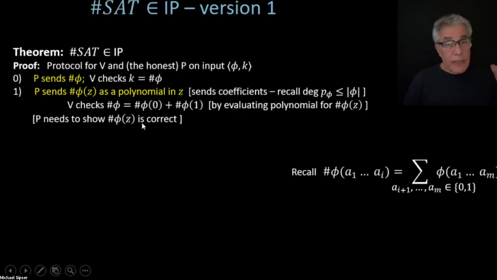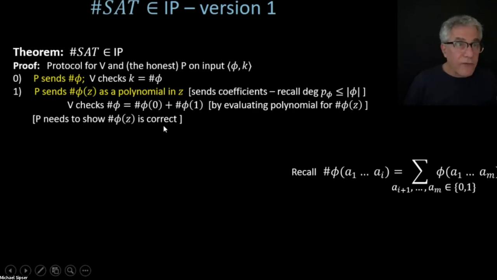So the prover is going to demonstrate that by evaluating that polynomial at a random place, the value you get is going to be the correct value. And it's going to continue to do that using the same protocol, as we'll see. So that's where we're going.